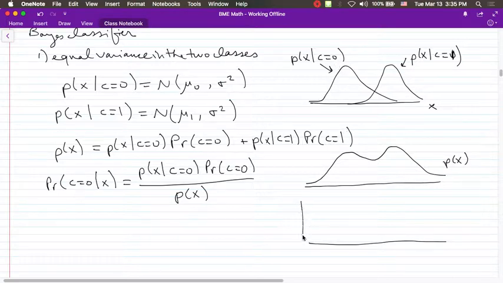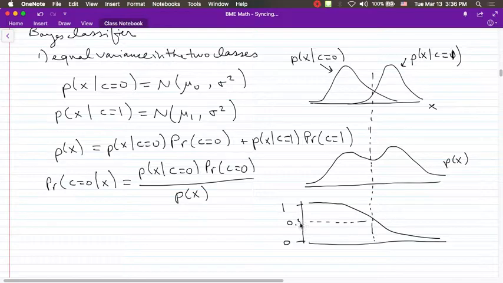I'm going to get a probability that's going to look like this. This is going to be the posterior probability of class 0 given x. And then the posterior probability for the other one is going to look like this.